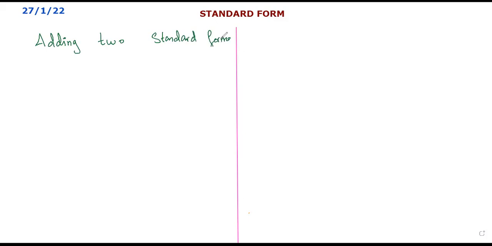Now let's say we have two numbers, 4.2 into 10 to the power 4 plus 7.3 into 10 to the power 4. Now we are interested in adding these two numbers, which are in standard form. We know how to add things, but this time we have standard form. So any idea how can we do this?